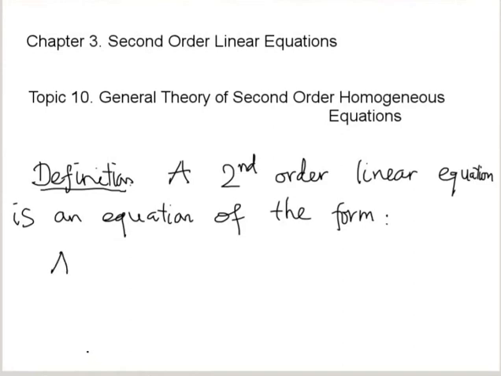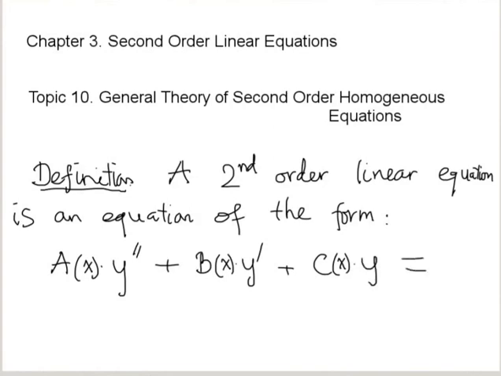We have a coefficient denoted by a(x) times y double prime plus b(x) times y prime plus c(x) times y equals something on the right hand side, the function g(x).